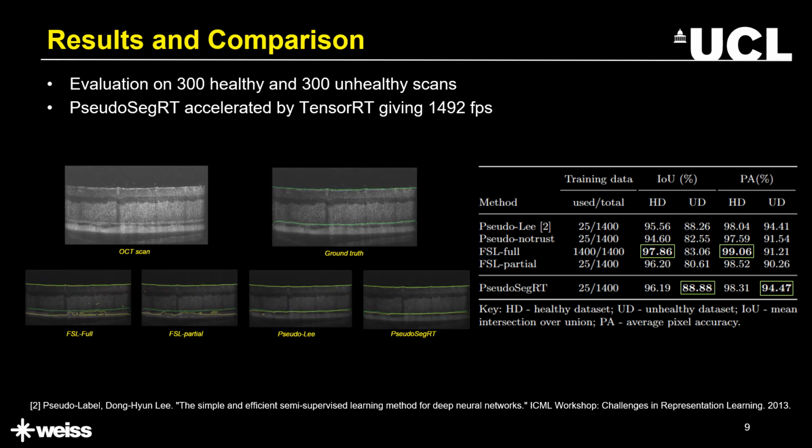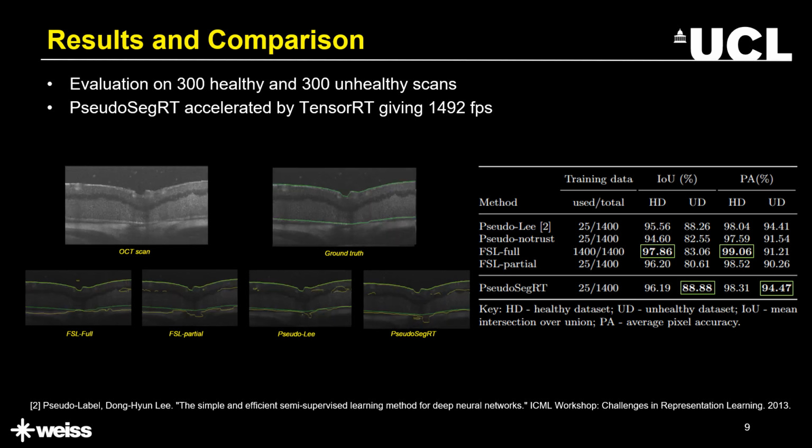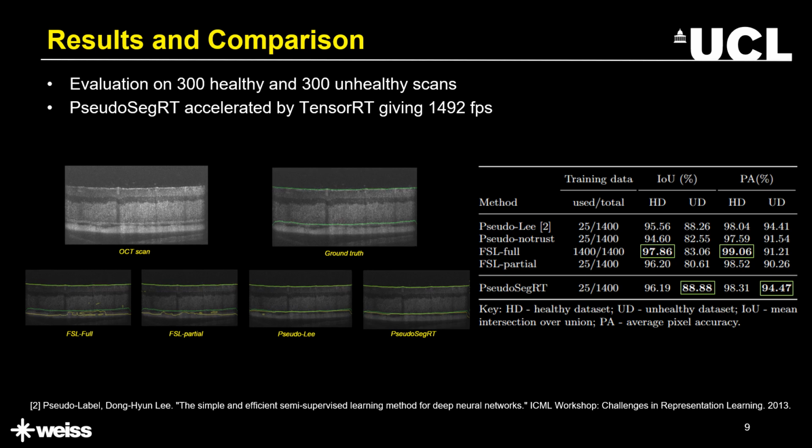In our experiments, we compare the method with existing pseudo-labeling methods, where we only used a very limited amount of samples for training and an equal amount of examples for creating pseudo-labels.